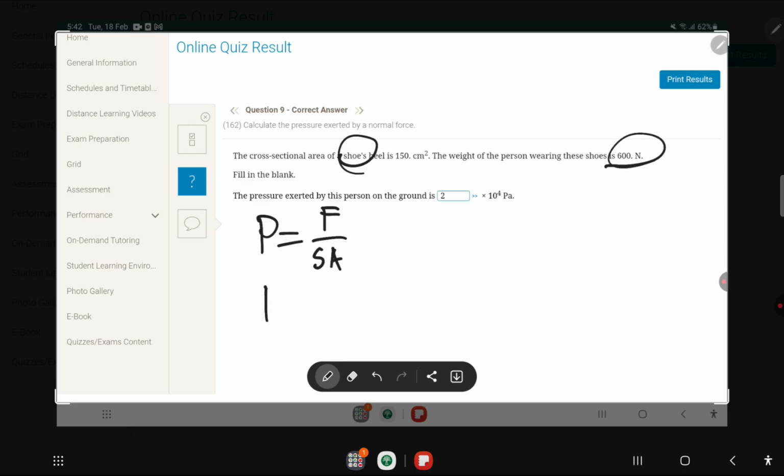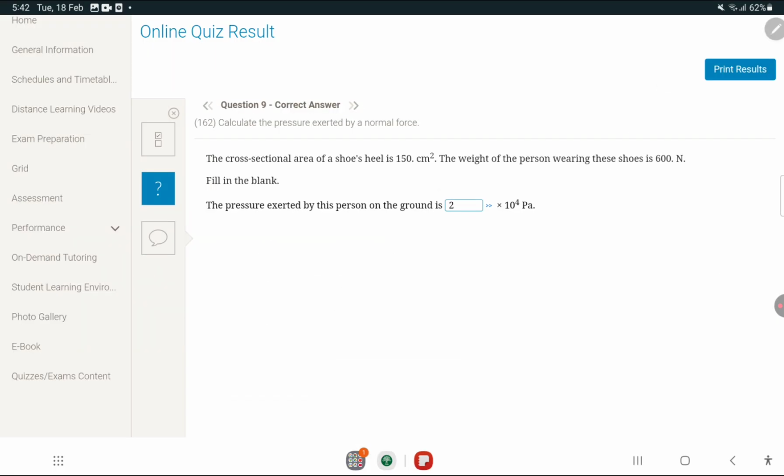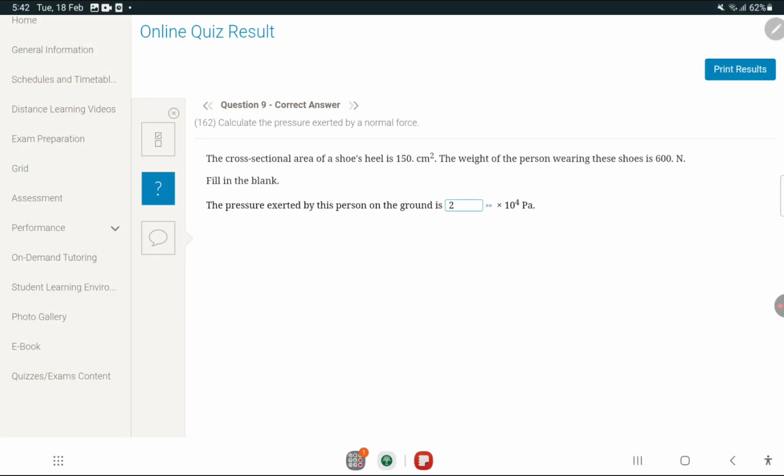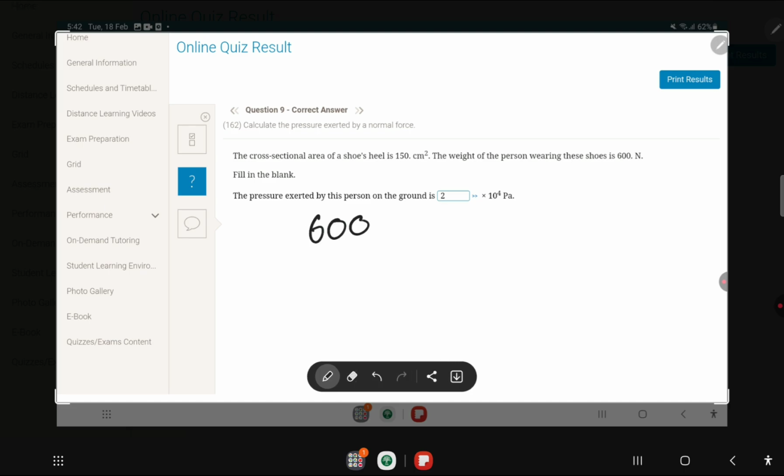What you do is P equals 600, and before I continue, they specify shoes, which means both of his feet. So you're going to do 600 over 300 times 10 to the power of -4, because it's centimeters squared. You want to convert it to meters squared.